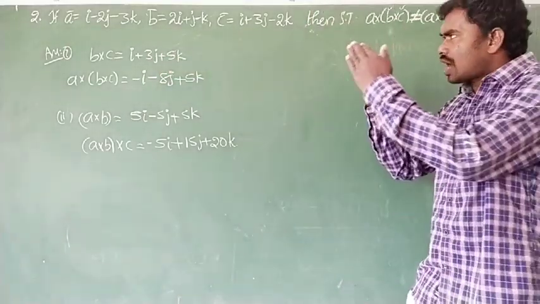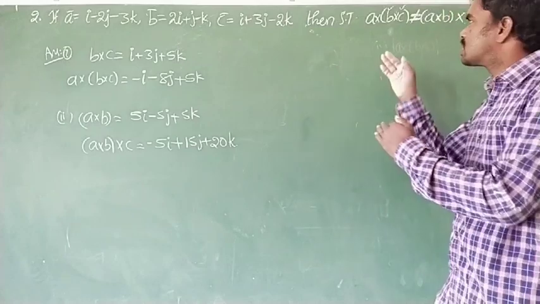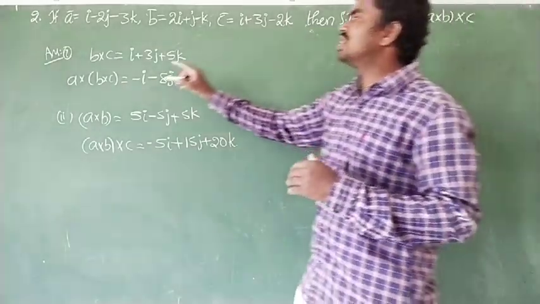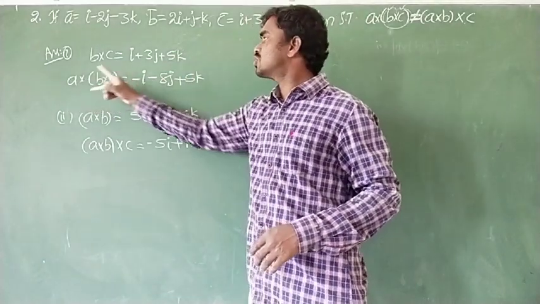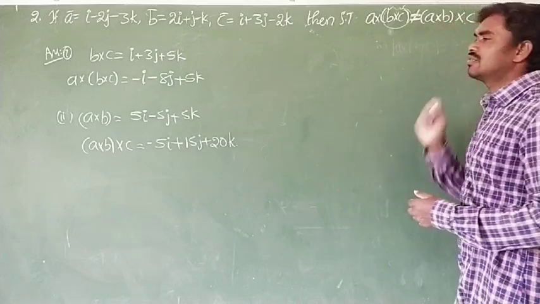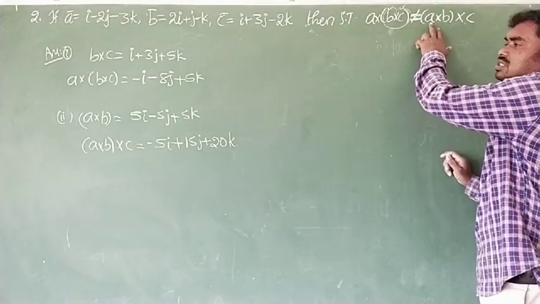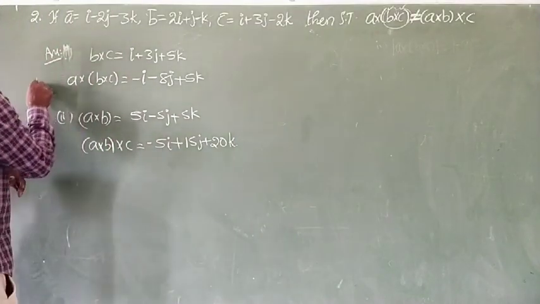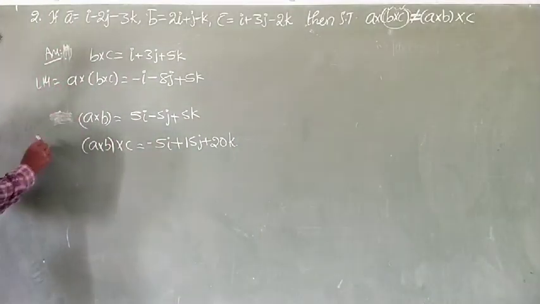How can we do it? i, j, k, B elements and C elements. Same process. Next, after getting B cross C, do with A. So you get minus i j plus 5k as the answer. Next, similarly, second one. What is the RHS? Individually find out the LHS. Okay, RHS.